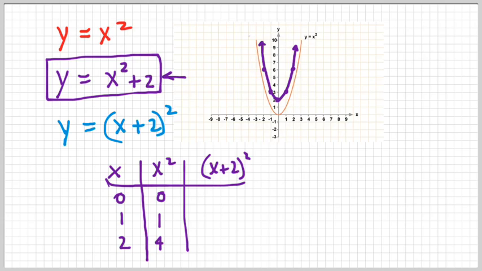This time I'm going to let x plus 2 generate my points. When I plug in a 0, I get a 4, because 0 plus 2 is 2, and 2 squared is 4. When I plug in a 1, I get a 9. When I plug in a 2, I get a 16. I'm going to plug in some other x values because 2, 16 seems pretty hard to graph.